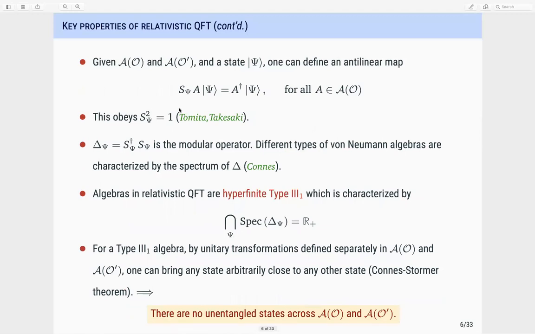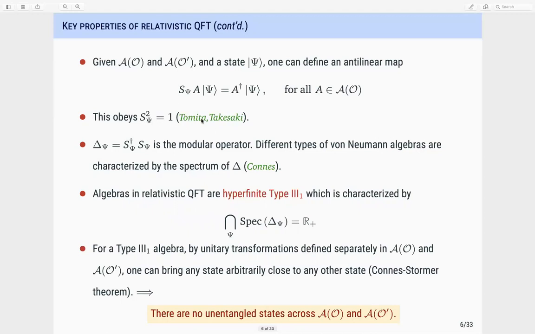An important observation regarding these algebras in O and O prime is that if you have a state ψ, we can define an anti-linear map which takes operators A and turns them into A dagger, like so, in terms of their action on a state. And this anti-linear operator, very often called the Tomita operator, squares to 1.